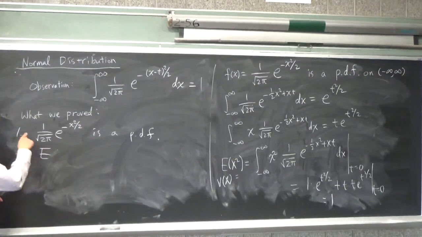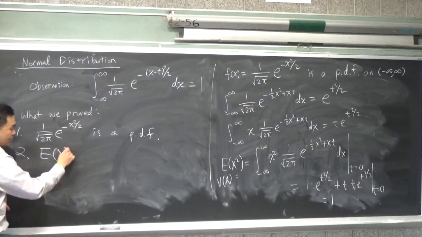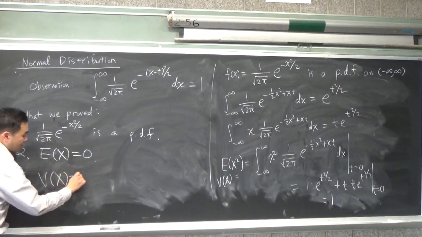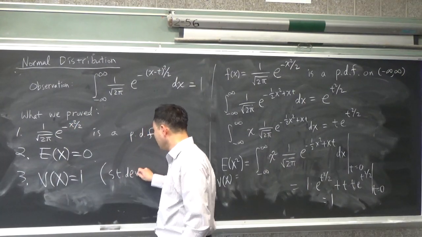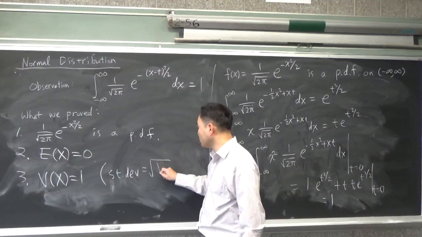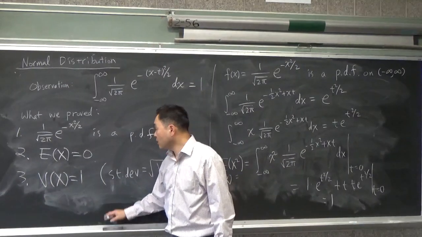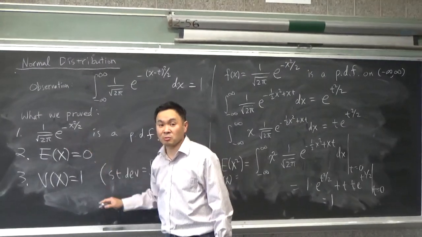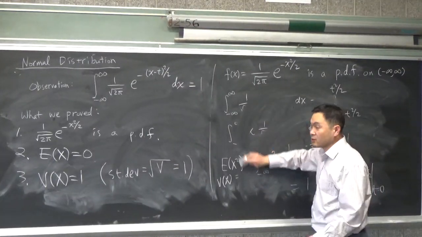Number 2, if a continuous random variable follows this distribution, the average will be 0. The mean value will be 0, okay? And number 3, the variance is going to be 1, which also means that the standard deviation, which is the square root of the variance, is also going to be 1. Okay? That's why, satisfying mean equals 0 and standard deviation 1, this is going to be called the standard normal distribution. Okay. You got that so far?